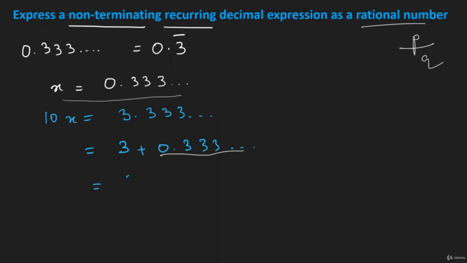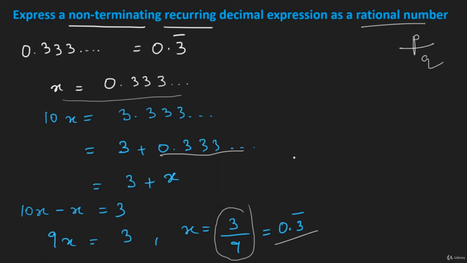Therefore this can be written as 3 plus x. Let me take x to the left hand side. So that becomes 10x minus x is equal to 3, or 9x is equal to 3, and therefore I have x is equal to 3 by 9. I have successfully expressed 0.3 bar in the form p by q.